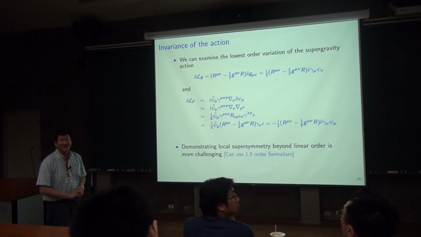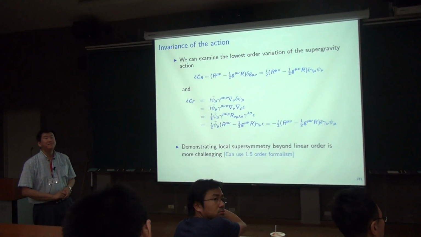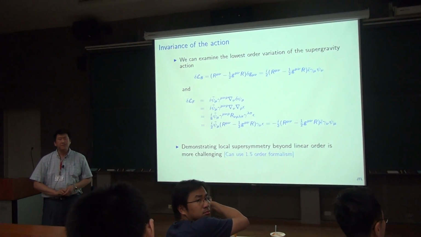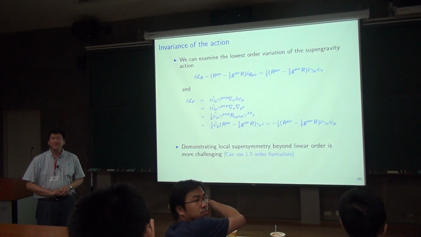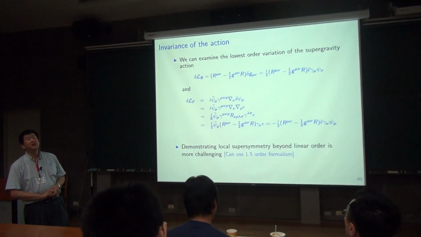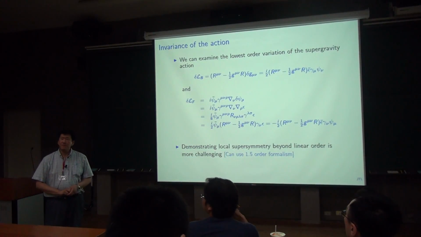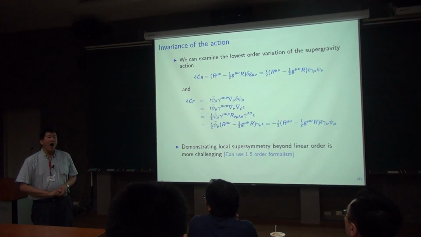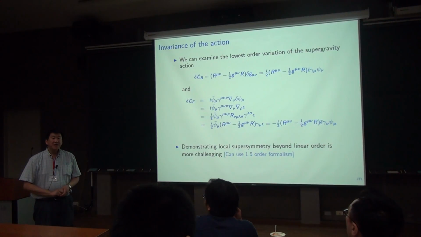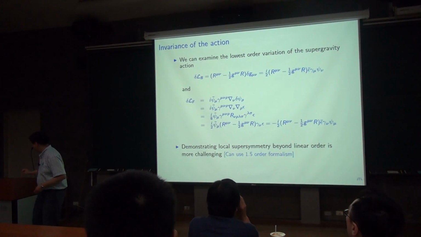Yeah. The previous lecturer explained that general relativity is the unique low energy Poincare invariant theory of spin 2 particles. And I wonder if there is a similar statement about supergravity. I think the answer is yes, but I don't really know the answer to that. Certainly the Einstein part.